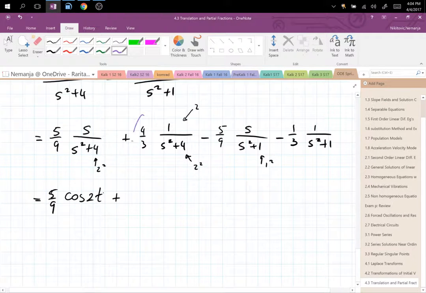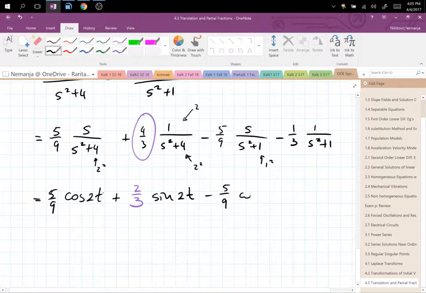So from this fraction, I have to steal 2 from 4 and leave it as 2/3. And then I have my 2 over this for sine of 2t. Minus 5 over 9, again cosine t, and over here is already 1, so minus 1/3 sine t.